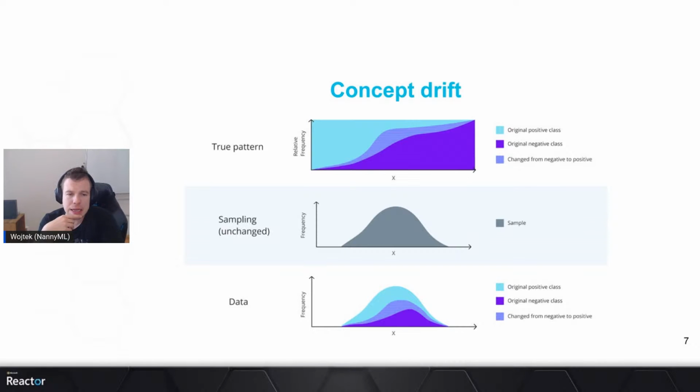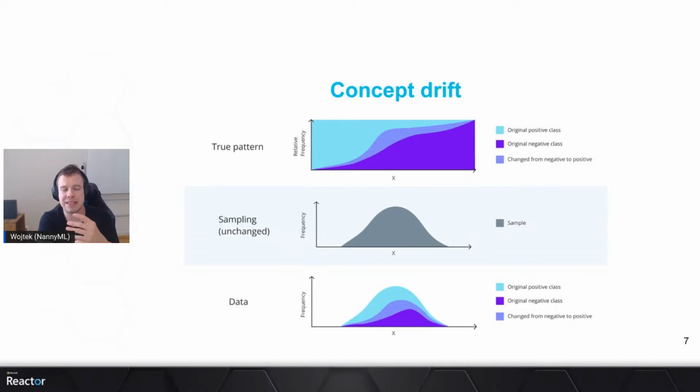And now we see that even though the sampling remains the same, and our model inputs will remain roughly the same, what will change is the target distribution. And there's a huge difference here: the prediction distributions will not change under pure concept drift, because the model has no way of knowing that the concept is different now, because it has been trained on past data.